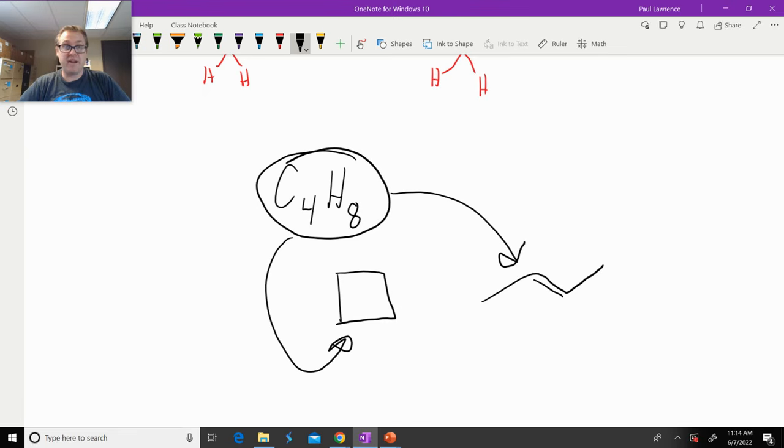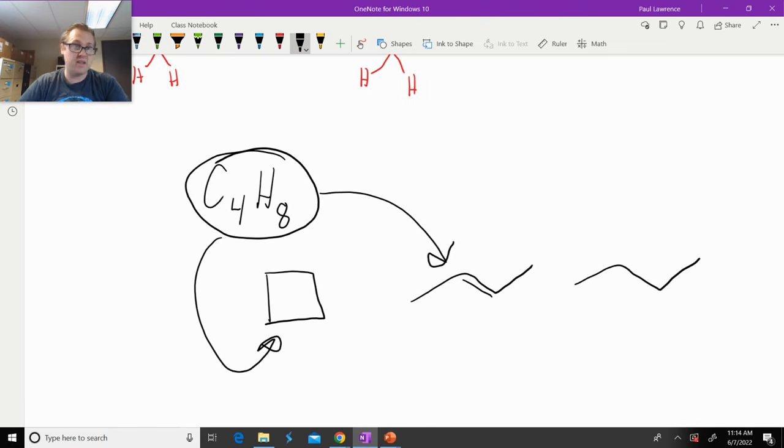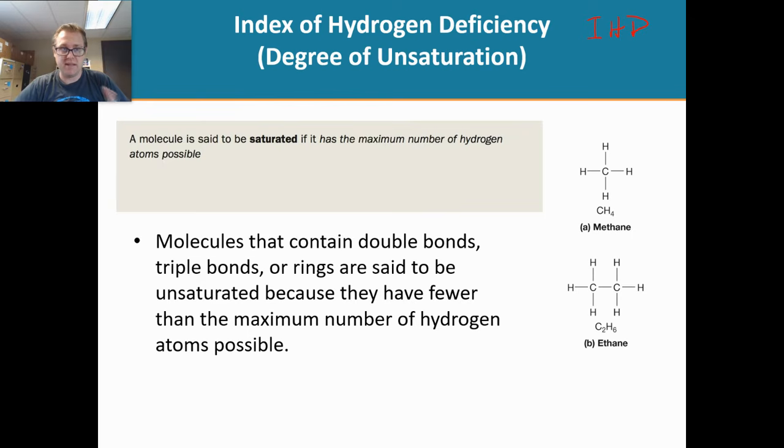But degrees of unsaturation gets us started. Does the molecule look like this, just a simple alkane? That's why we are going to look at degrees of unsaturation, because it's going to help us figure that out. But before we delve into that, we need to understand some guiding principles.